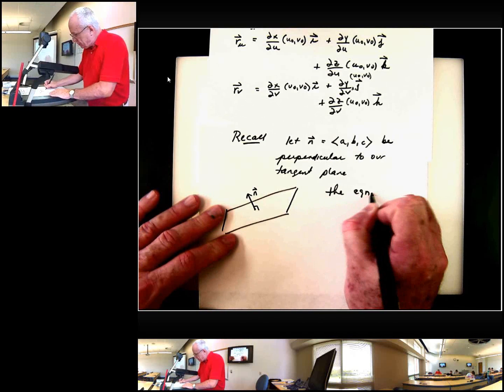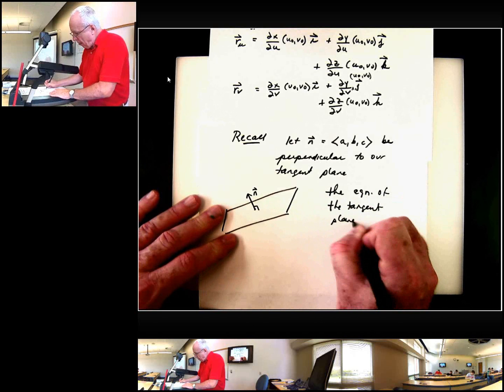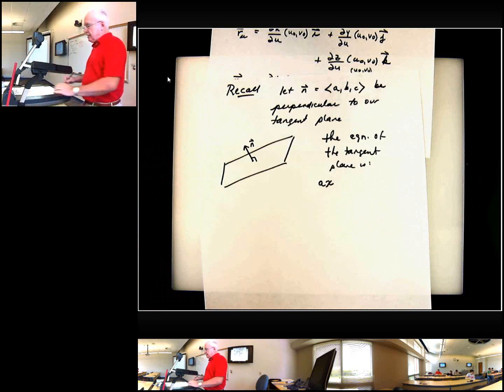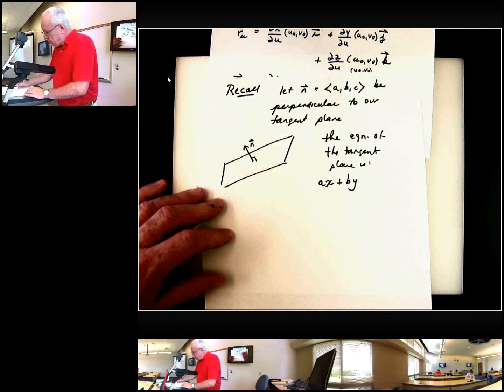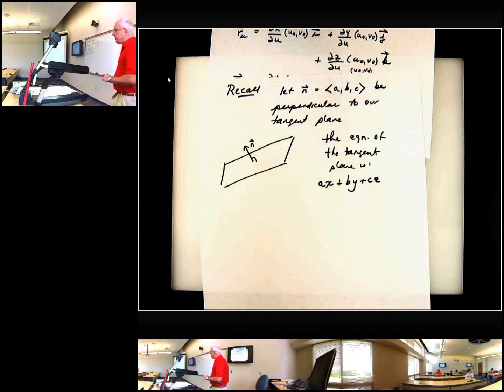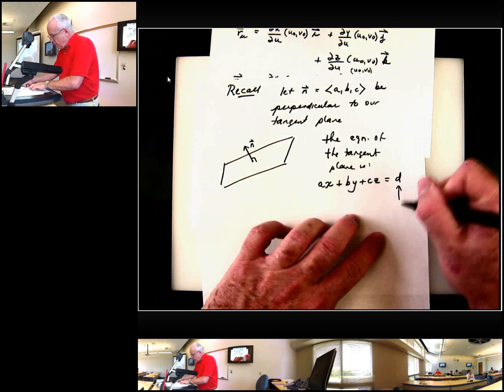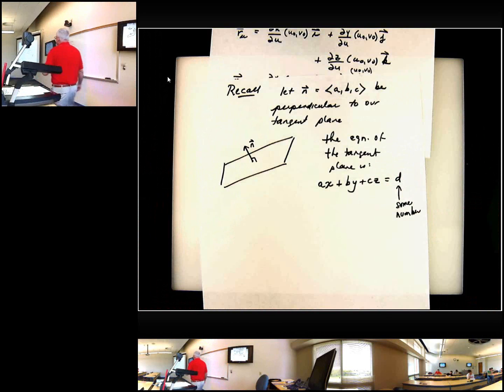The equation of the tangent plane is: we take the first number, A, multiplied by x, A times x, plus the second number B times y, plus the third number C times z, and this is equal to some number D. The only thing we have to figure out, since we already have A, B, and C, and we've got x, y, z, is the value of that number D on the right-hand side.